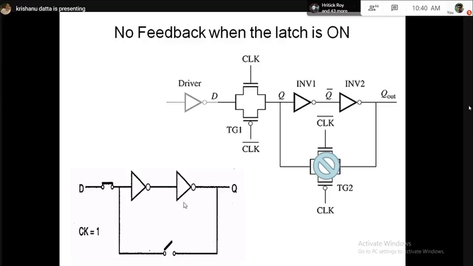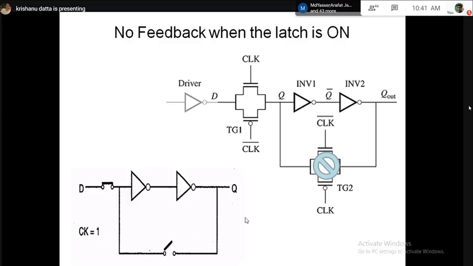It makes the whole circuit very easy looking. And you see there are these two inverters, and the feedback transmission gate is now off, so this switch is open. So the equivalent circuit is that the data is coming and straight away going to output Q when the clock equals 1. So this is 50% of the operation of the latch.